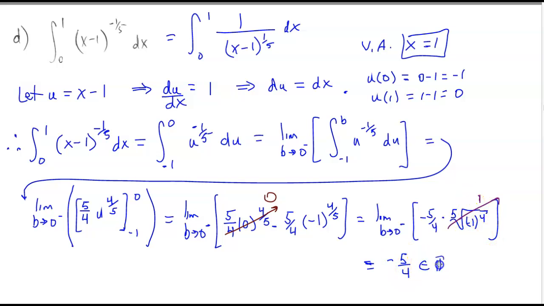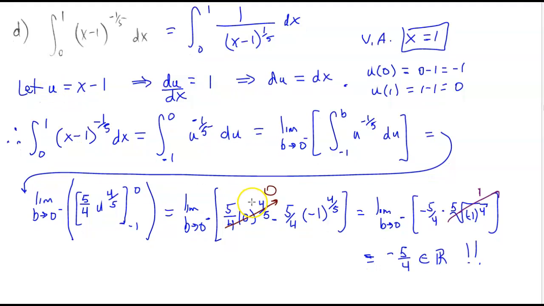And since this is a real number, then we know that this particular improper integral will indeed converge. And the actual area under the curve value, if you want to call it that, is going to be negative 5 over 4. And of course, the negative just means that we have net more area that is below the x-axis than it is above. Okay.